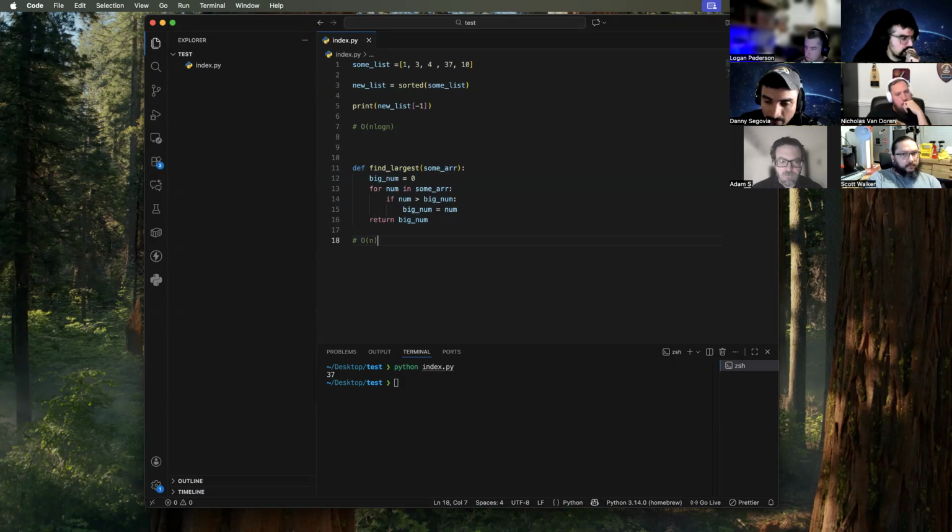Don't delete line 12. You need line 12. You can't hard code 0, right? Because if I give you a list with all negative numbers, that wouldn't work. So what number can we put there?